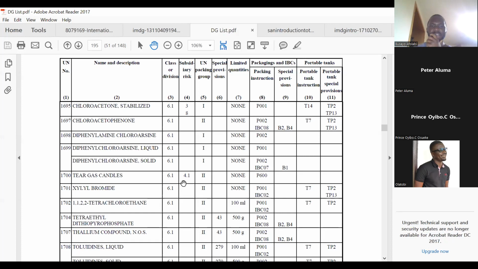Okay, so what's accepted quantity? The accepted quantity is the quantity that you are not expected to go beyond. You shouldn't carry beyond that quantity.